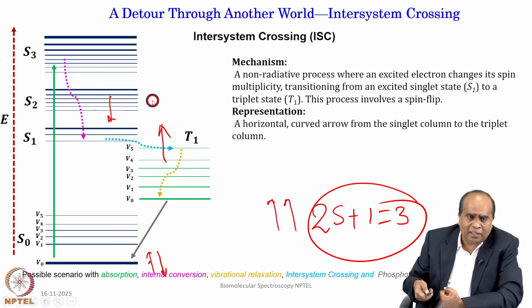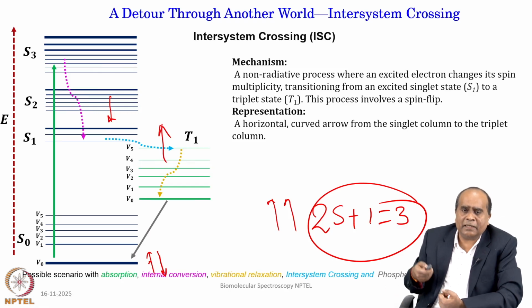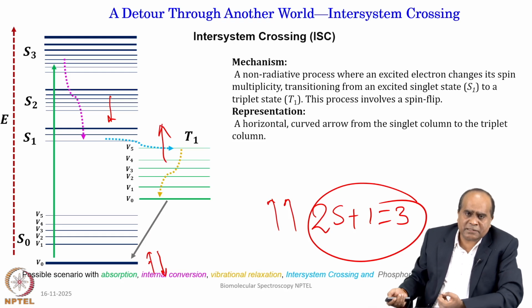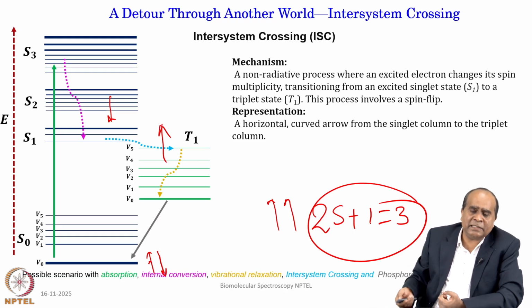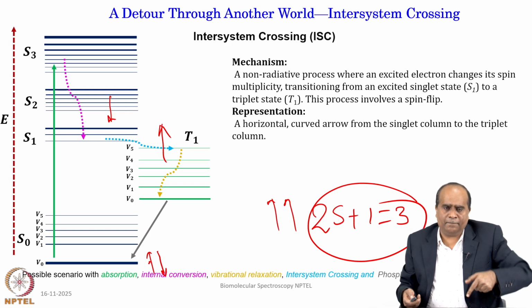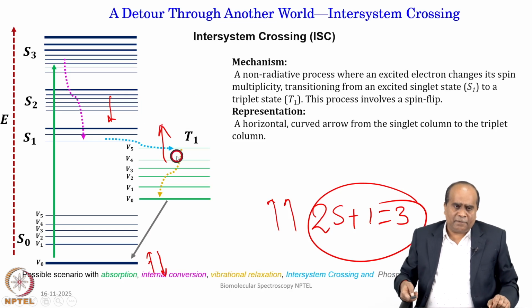From down state it goes to up state, and this is also a non-radiative process. It is the transition of an excited electron from an excited singlet state to a triplet state, and this requires the flip of the spin, that you can represent as a horizontal curved line.